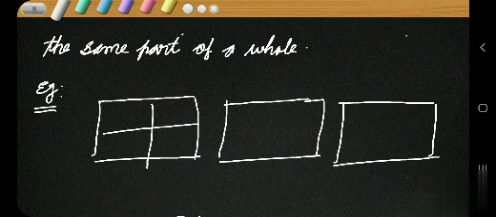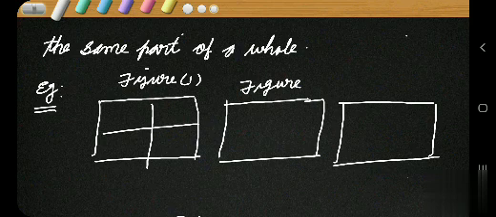In the first one, the rectangle has been divided into 4 equal parts, and above name it as figure 1. The second one as figure 2, and the third one as figure 3.